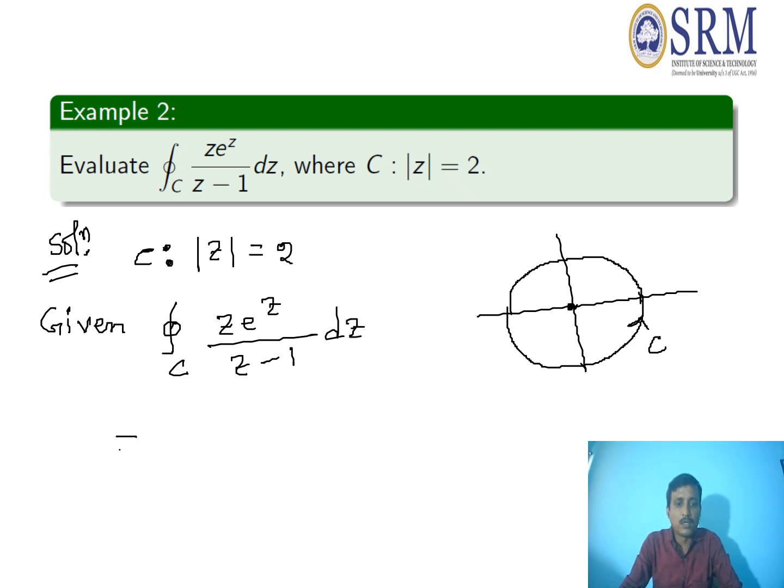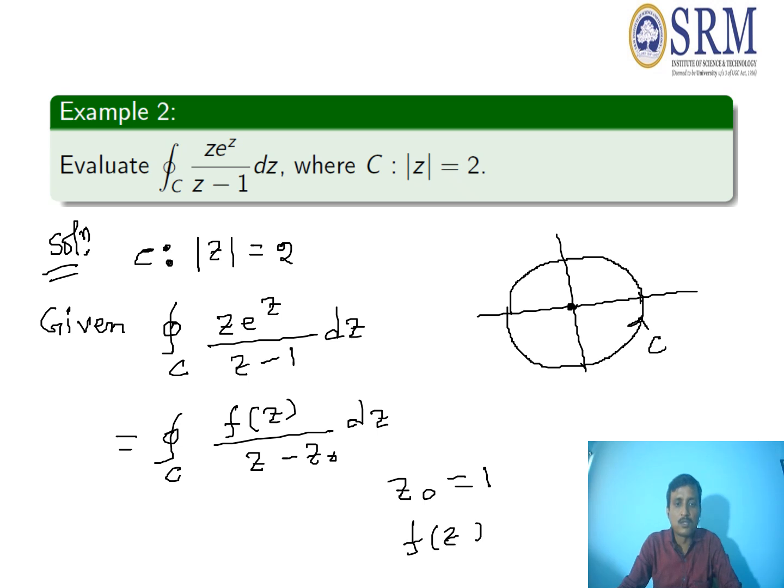So now I can write it in this form: the integral over C of f(z) over z minus z naught, because I want to visualize this as the same form as Cauchy's integral formula. So what about z naught and f(z)? Here z naught is equal to 1, and f(z) is equal to z e^z.